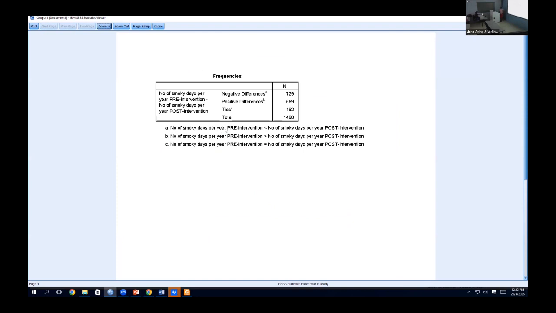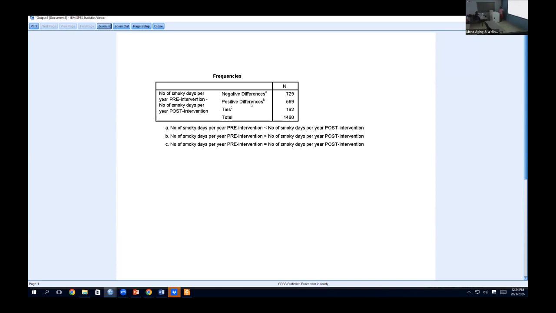So number of smoky days per year post-intervention, less than pre-intervention, so that's A. So the negative difference is 729. So this is saying that for 729 cases, the number of smoky days post-intervention was greater than pre-intervention.